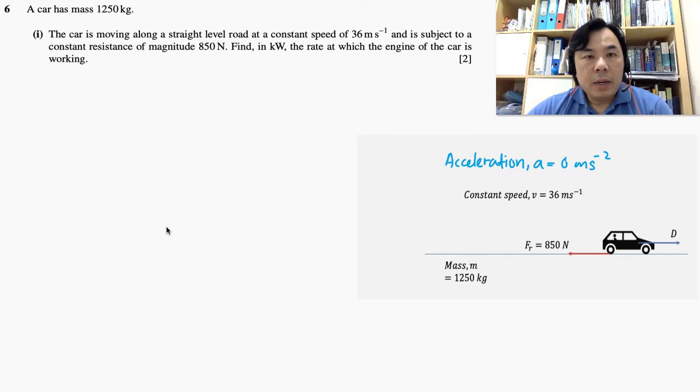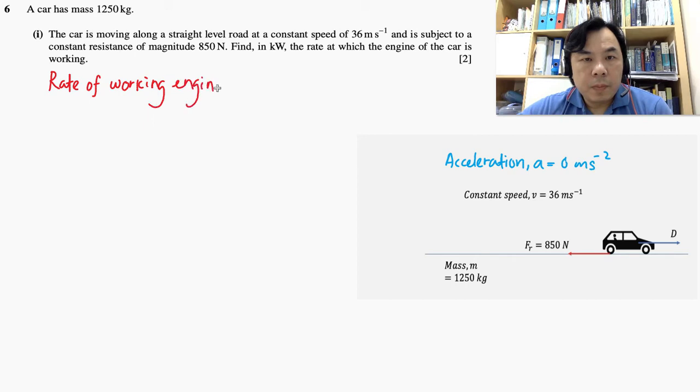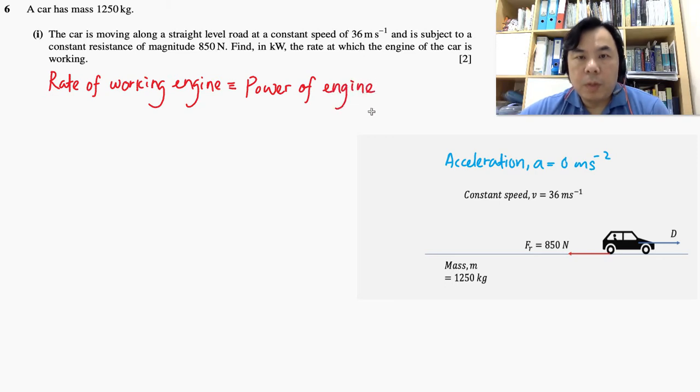Next, what is the connection between the power, or sometimes they call it the rate at which the engine is working? The rate of working of the engine is equivalent to the power of the engine in this case.